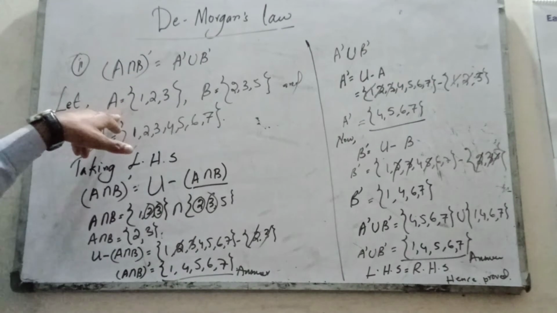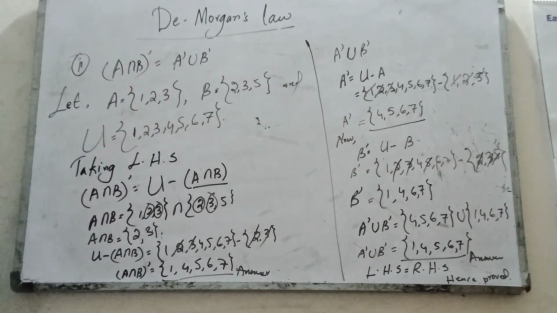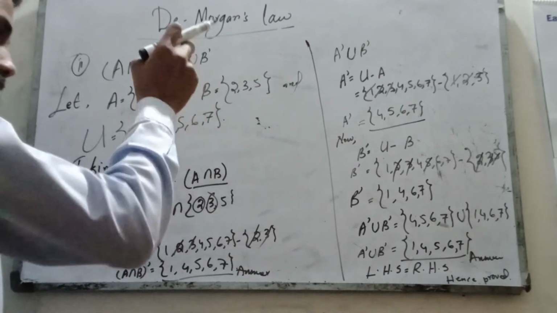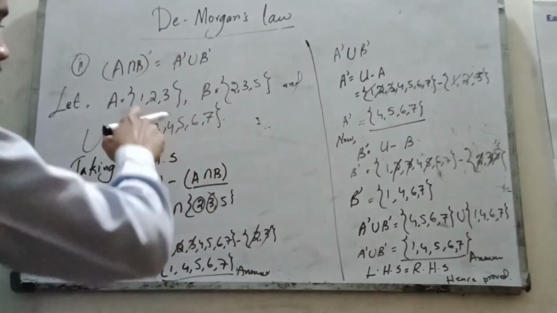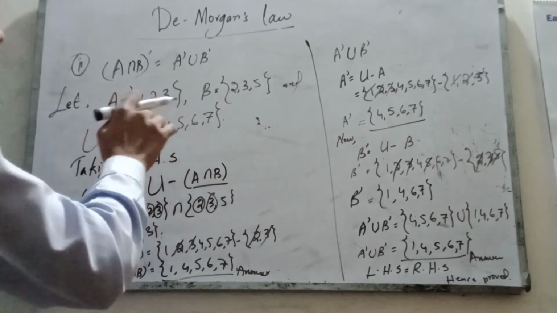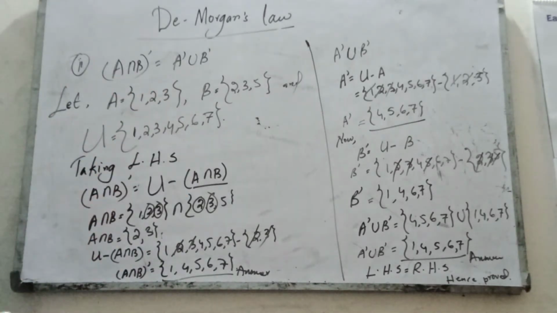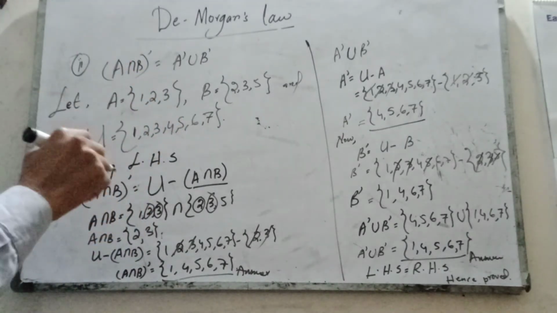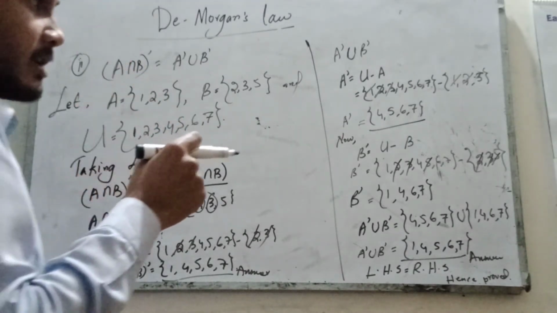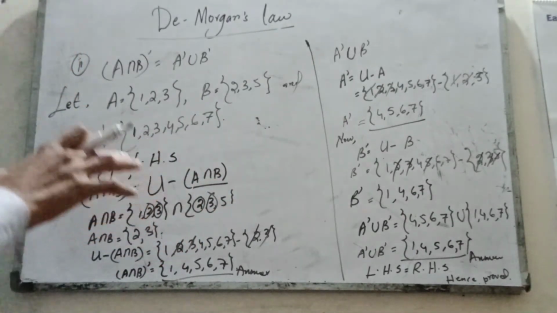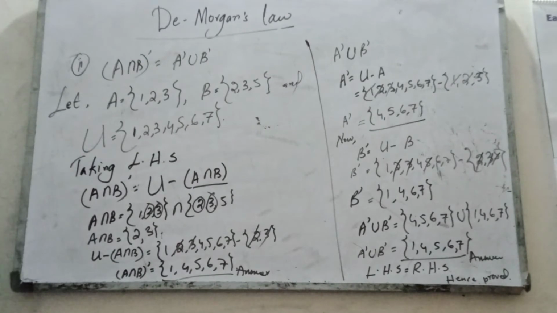I have assumed that A is equal to 1 2 3. You can, but remember that A and B sets must be subsets of the universal set. Otherwise, you will not get the correct answers, because for complement we must have sets which are subsets of the universal set. This is the most important.